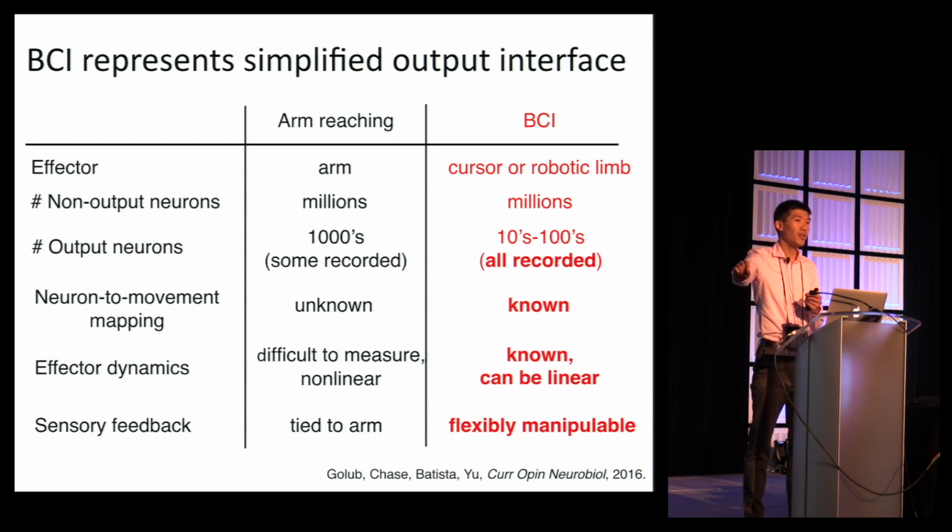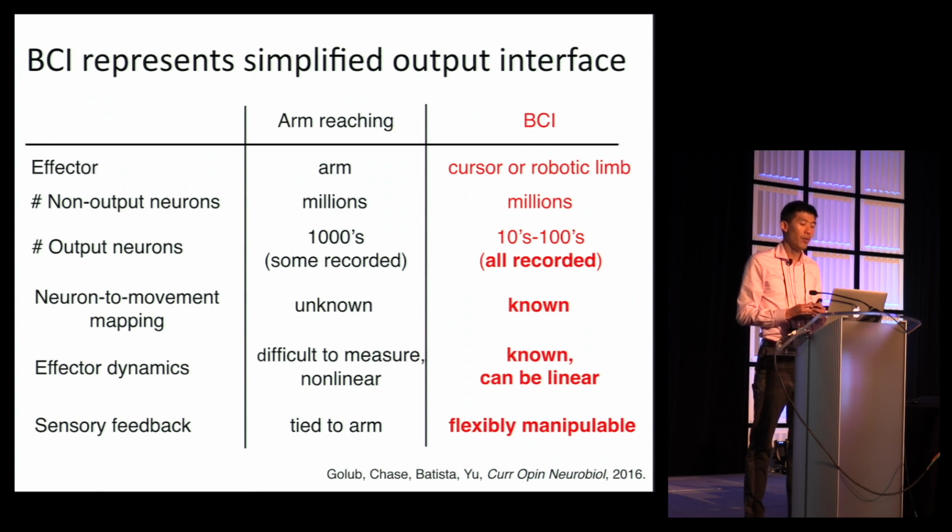This is going to be extremely powerful for us because we're going to be able to make causal statements. If we see changes in behavior due to learning, for example, we can ask which neurons were responsible for it.